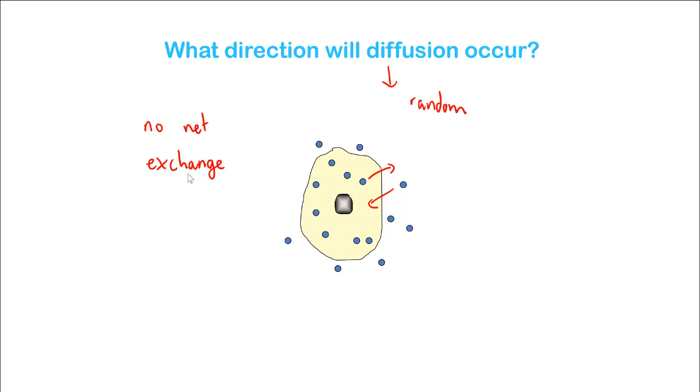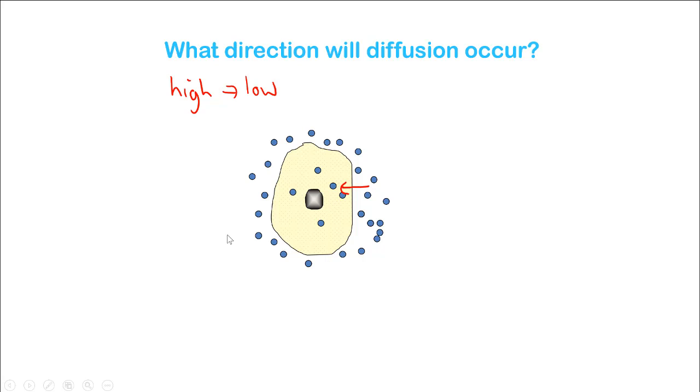So what we've looked at in these examples is which way the overall diffusion will happen. Now, diffusion always happens from high to low. But because these particles don't think about where they're going, they can't really control where they're going, they just diffuse from high to low concentration, it means that most of the particles will move this way.